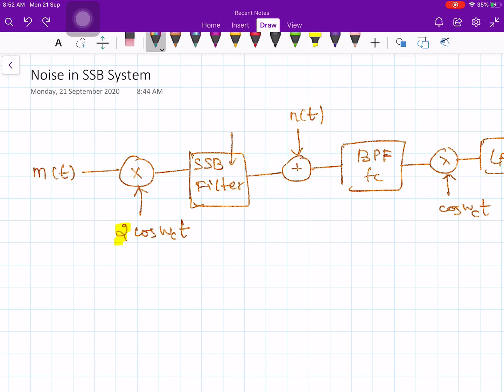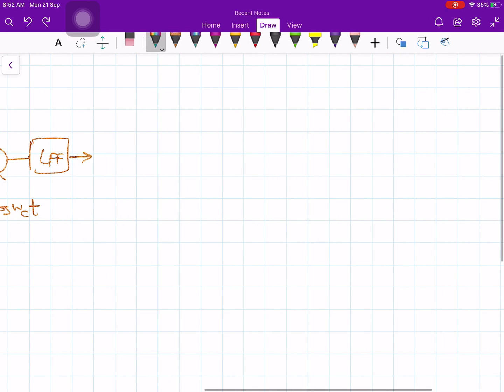Okay, that's it. So what is the purpose of the SSB filter? The SSB filter removes one of the sidebands. See, after a double sideband suppressed carrier modulation, your signal will contain like this.